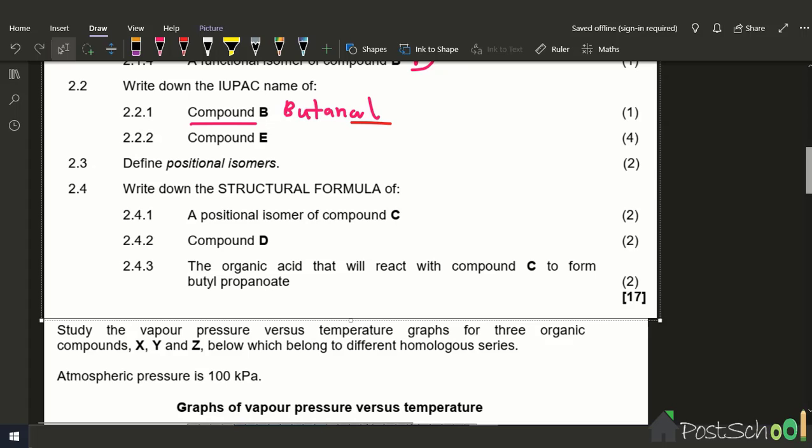Define positional isomer. Remember all these definitions, I will explain them. Positional isomer: compounds with the same molecular formula.